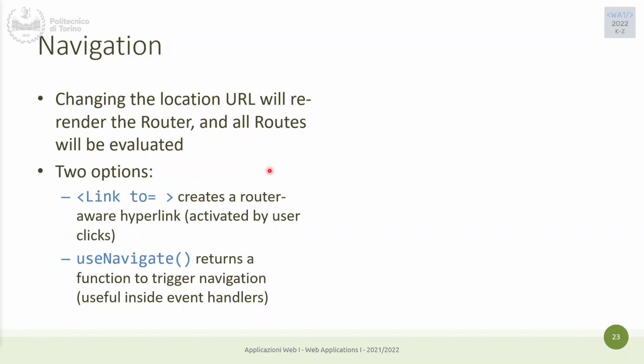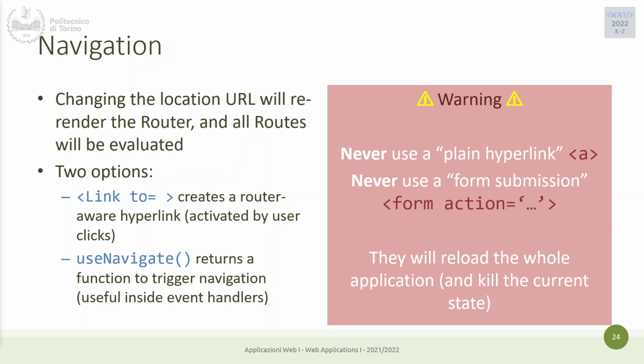For instance, in the submit button of a form, you can use this kind of hook to move on to a different page. If you are going to exploit the router, which is something we are going to do both in this lecture and in the labs, you have to remember that you can never use a plain hyperlink anymore.